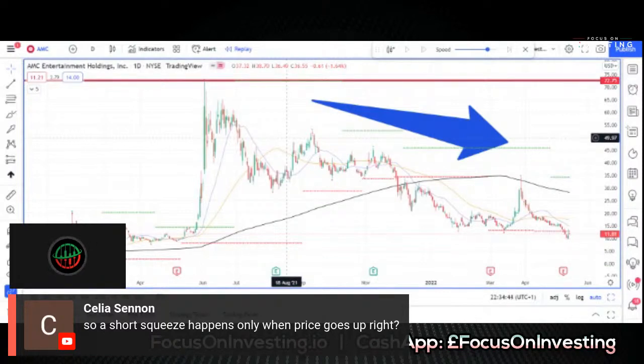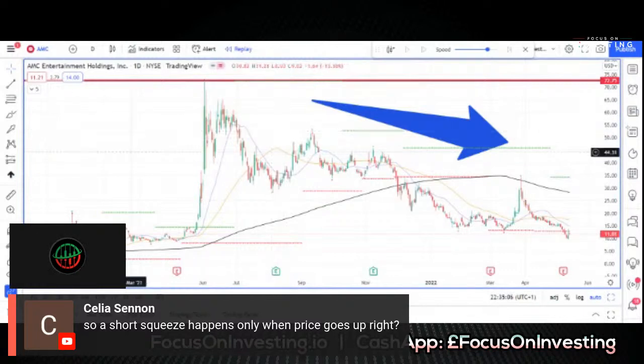It's not for me to tell you what you invest in and what you don't. My aim here at Focus on Investing is giving you the technical analysis so you can understand and read charts and make the decision for yourself. And again, if you want to invest in something, understand why you're investing in it.